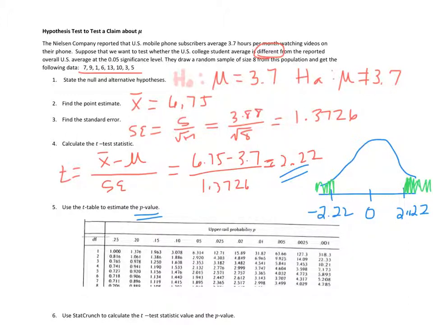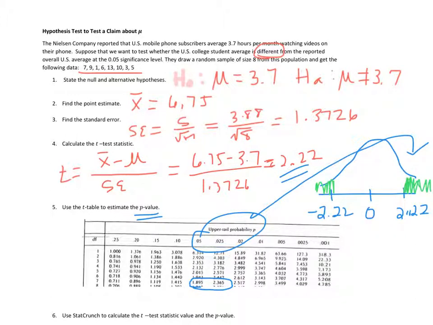With the t-table, it's really easy to find those green shaded areas, what we call the p-value. Just go to your degrees of freedom, which are 7 in this case, sample size minus 1, and then go across this row until you see approximately your calculated value of 2.22. Hopefully you can see that the value 2.22 is right between those two values here. So in other words, the upper tail probability is between 2.5% and 5%.